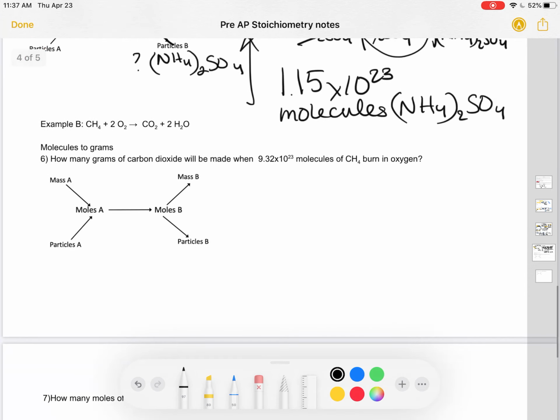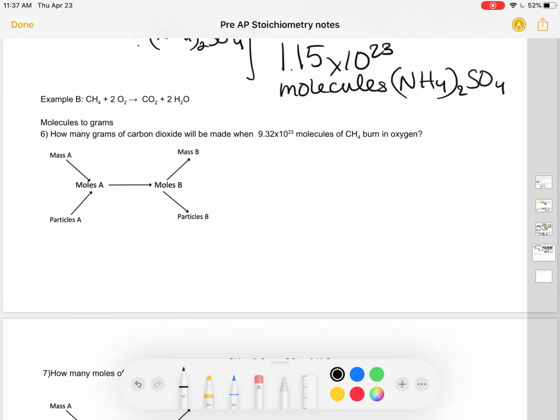All right, so our next example involves a combustion reaction, which is a carbon compound reacting with oxygen. So we're given 9.32 times 10 to the 23 molecules of CH4, and we want to get grams of carbon dioxide.